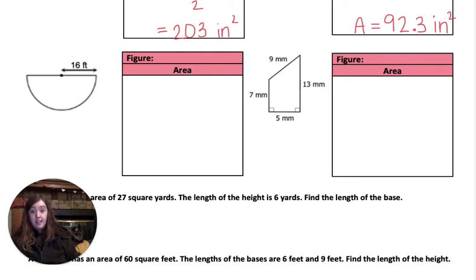All right. So this time we have half of a circle. So if we have half of a circle, what we're going to do is put 1/2 out in front of the area of a circle, pi r squared.